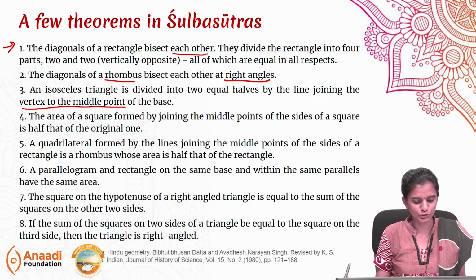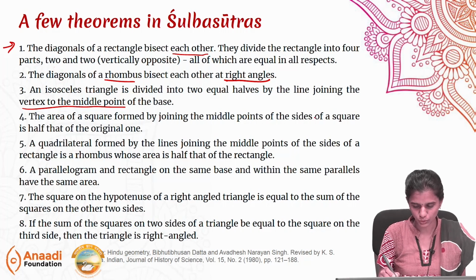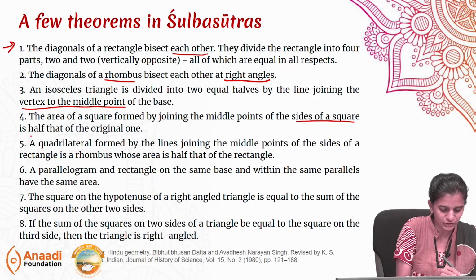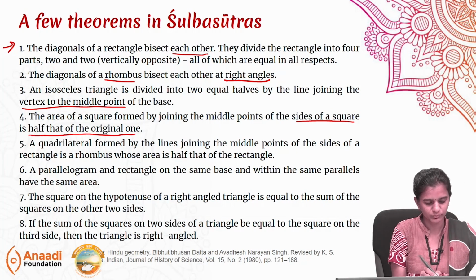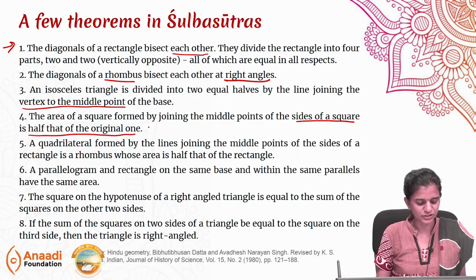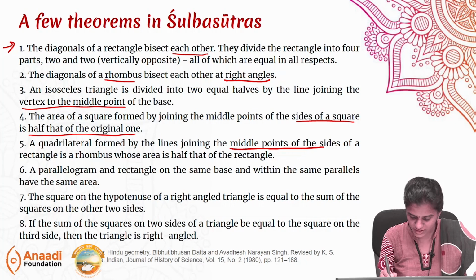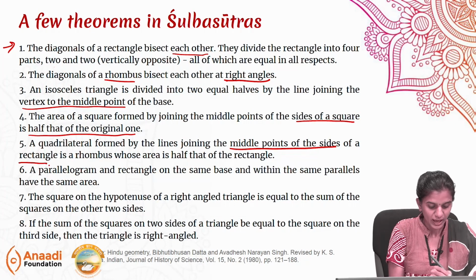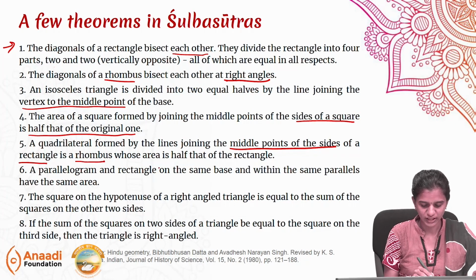The area of a square formed by joining the middle points of the sides of a square is half that of the original one. A quadrilateral formed by the lines joining the middle points of the sides of a rectangle is a rhombus whose area is half that of the rectangle.